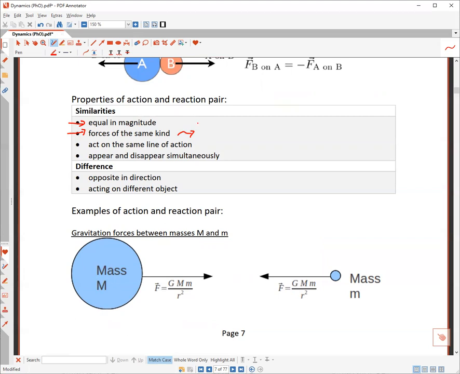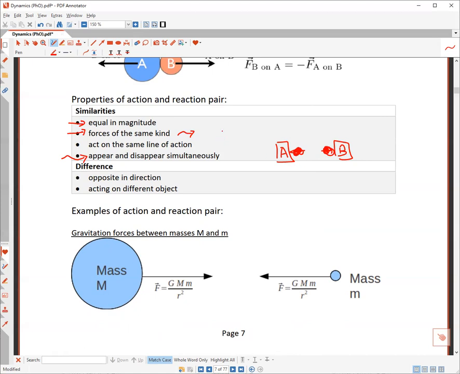They should be forces of the same type. And then they appear and disappear simultaneously. If A exerts a force on B, then at the same time B exerts a force on A. If A withdraws the force acting on B, then the force acting on A by B will disappear simultaneously.